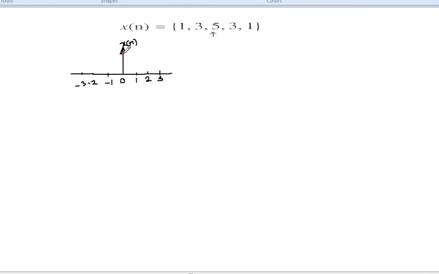Let this be equal to 5, then 3, so 3 would be on the positive side. It is a bit less than 5. Then 3, 1, so 1 would be this one.